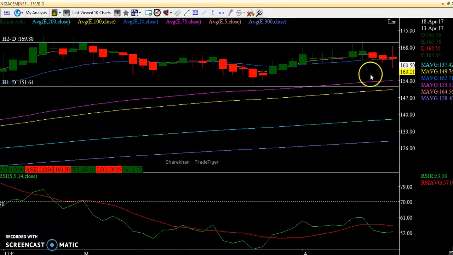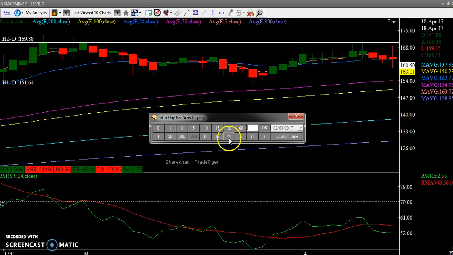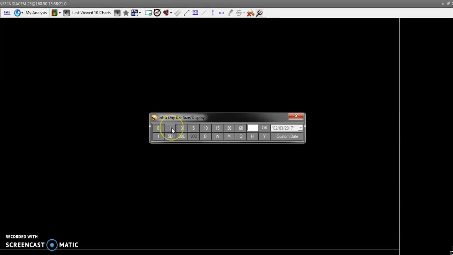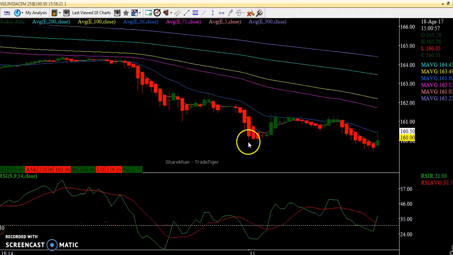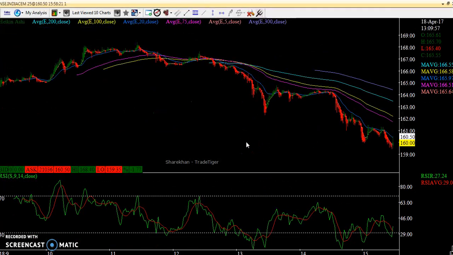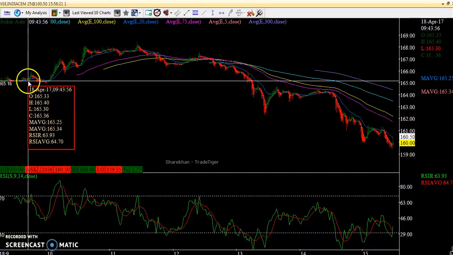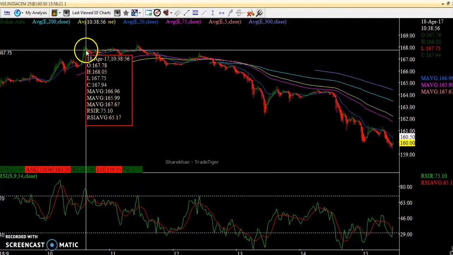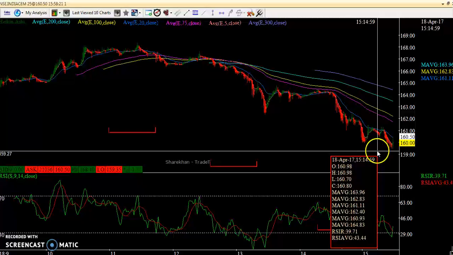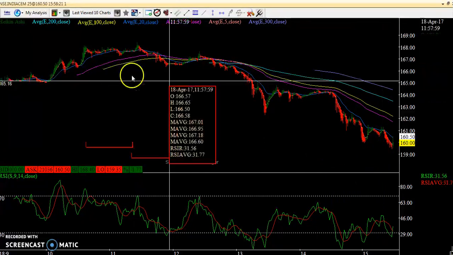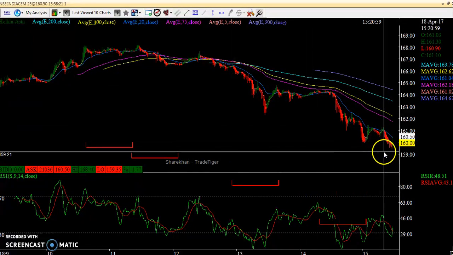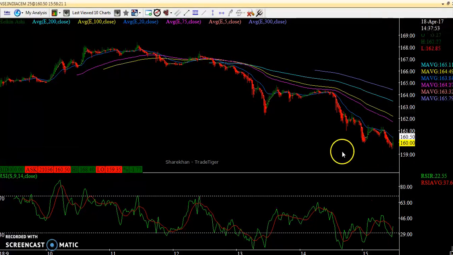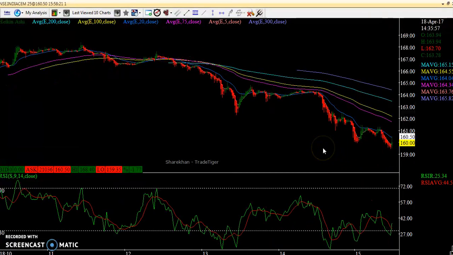If you want to see how this candle was made on a particular day, let's go to the intraday chart for 1 minute. You can see the stock on the intraday level has also trended downwards. It didn't really go up, so you can say there was a sell-off on this particular day. So if someone wants to take this stock, this is not the right time, I can say.